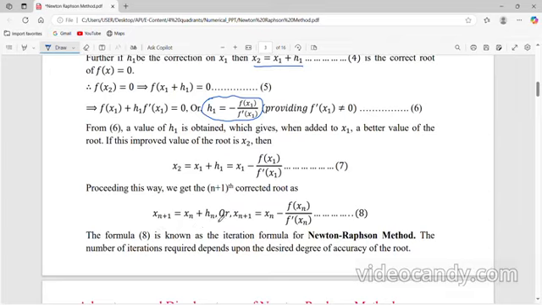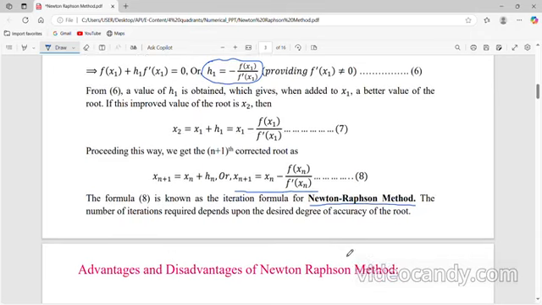So x_(n+1) = xn - f(xn)/f'(xn), which is equation 8. Formula 8 is known as the iteration formula of the Newton-Raphson method. The number of iterations required depends upon the desired degree of accuracy of the root. This way we can develop the formula of the Newton-Raphson method.